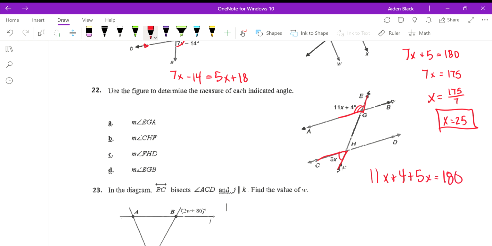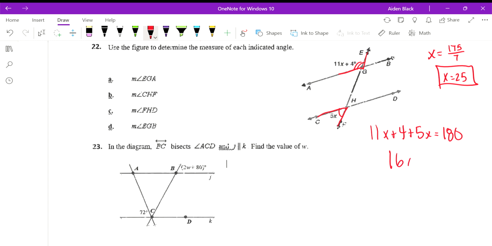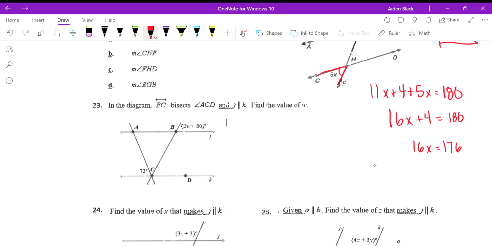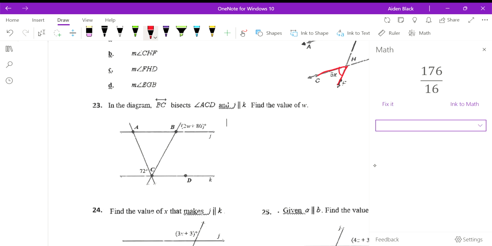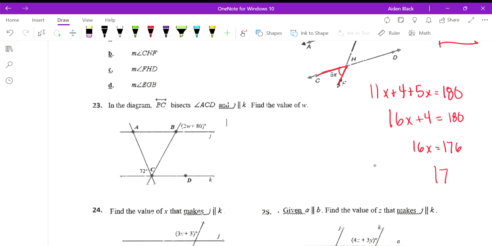So they add up to 180. Combine like terms. Subtract 4 from both sides. 176 divided by 16. That would be 11.